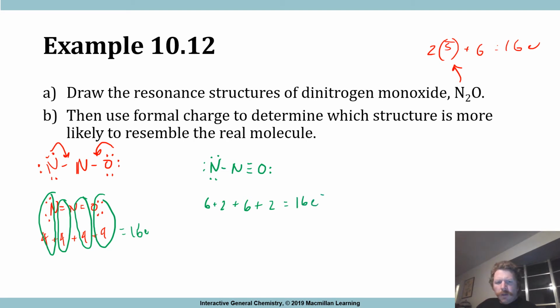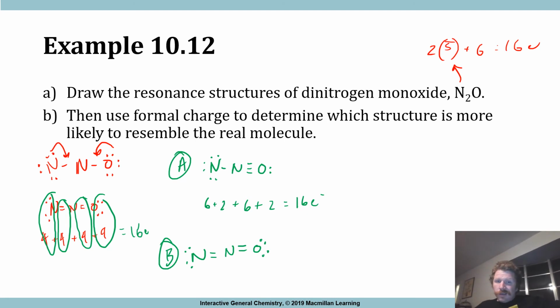Okay, so now I have 2 reasonable structures. N, draw my double bond, N, and then a double bond, and then lone pairs. Now between structures, I'm going to label them A and B. Which one's best?